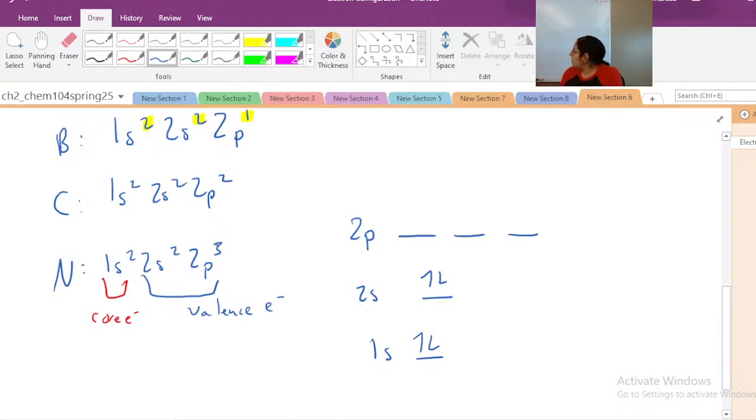You may have heard this in high school of the candy rule, where everybody has to get a piece of candy first. Here we want a little more refined understanding, because sometimes the distinction that isn't made in high school is that we need to fill up the 2s first. So the 2s gets filled, and then we can fill up our 2p.